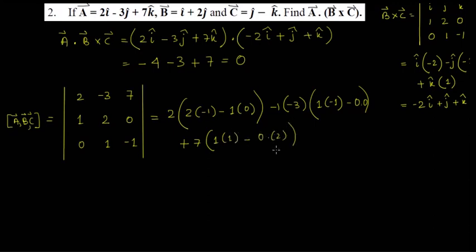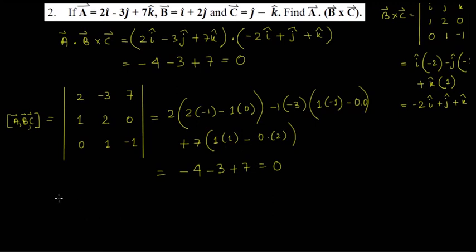So what you get: first minus 4, since 2 into minus 2 is minus 4, then 0, then minus 3 into minus 1 is 3, times minus 1 is minus 3, and here you get 7. So this is also 0.